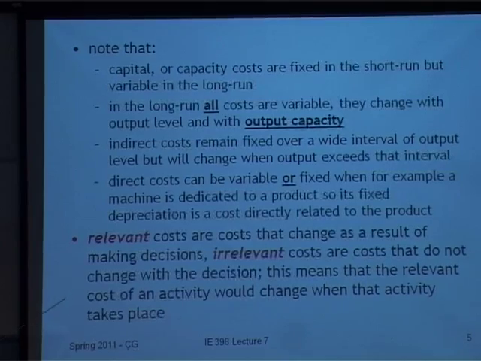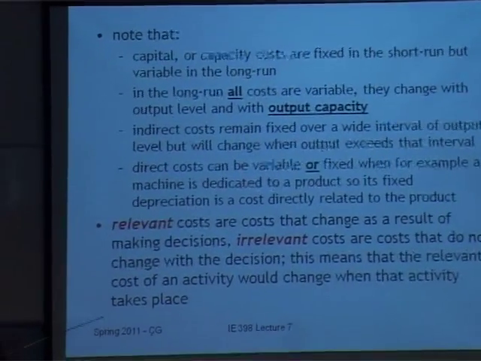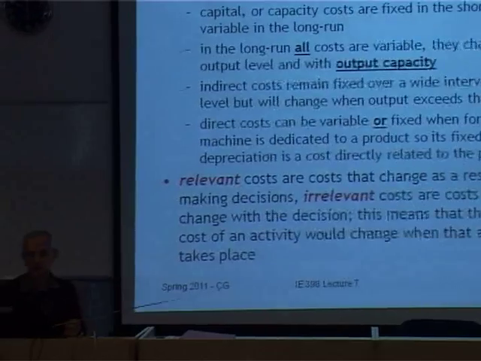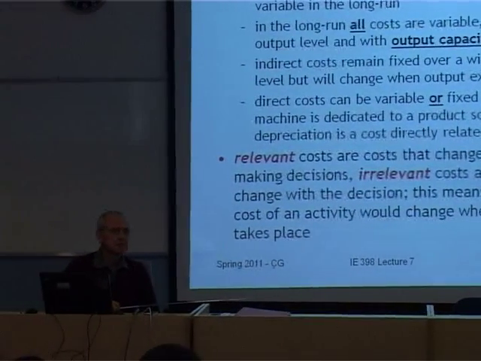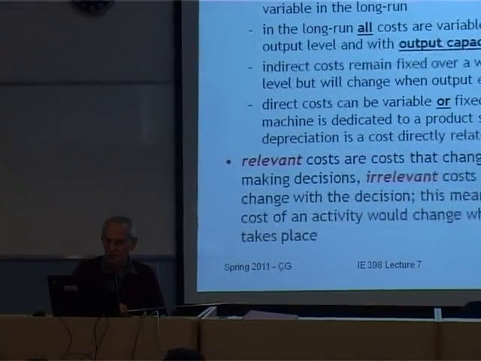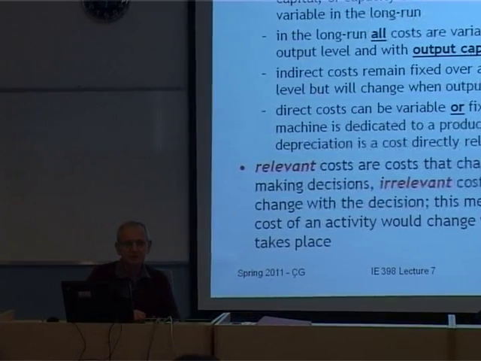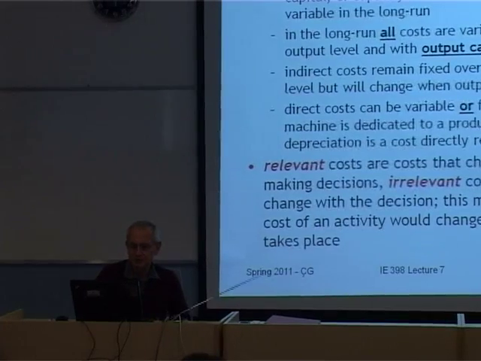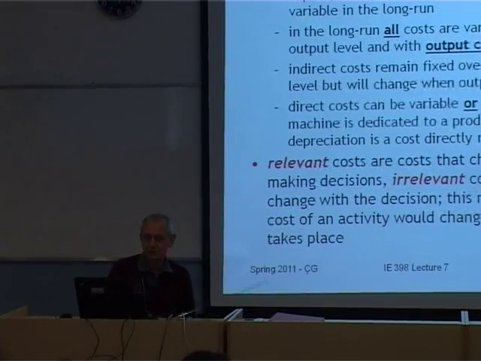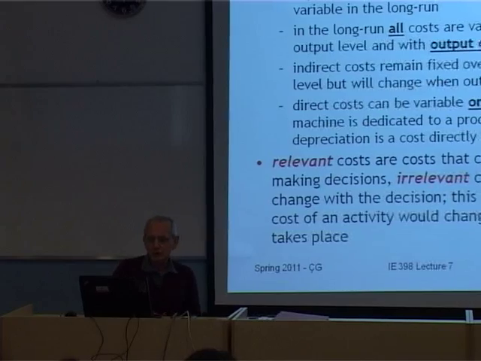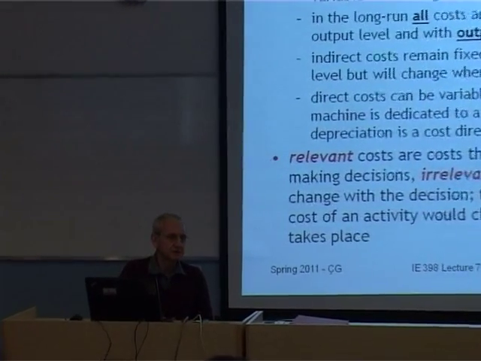distinction of costs is that sometimes they are relevant and sometimes irrelevant. What we mean by this, relevant and irrelevant costs are not cost concepts used by accounting or by economists, etc. But these are for decision purposes for us, for operational research. Relevant costs are costs that change as a result of making decisions.